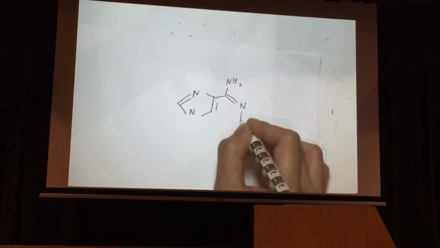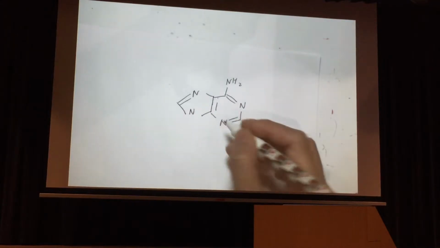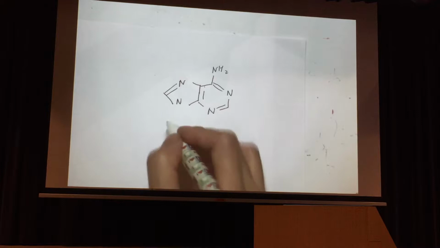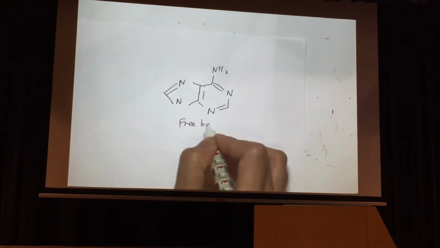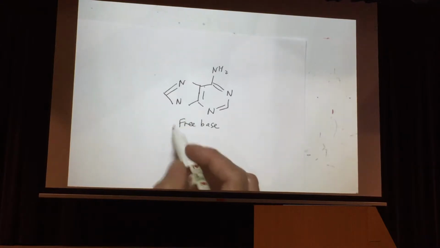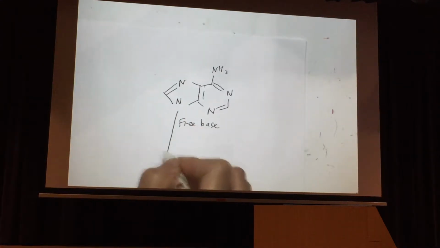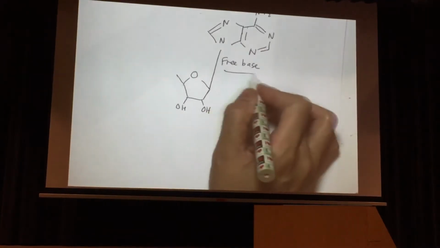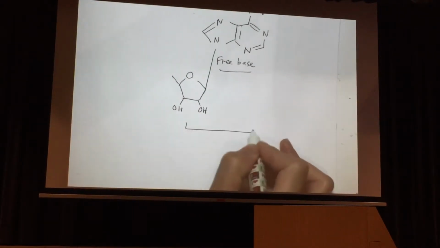What do we call this? This is our free base. Then we keep on building it, and we add on ribose sugar. So we have a free base, and when we add on the ribose sugar, this is adenine.